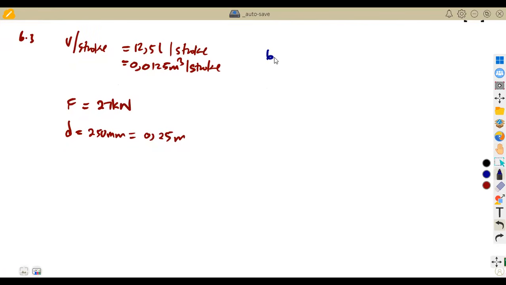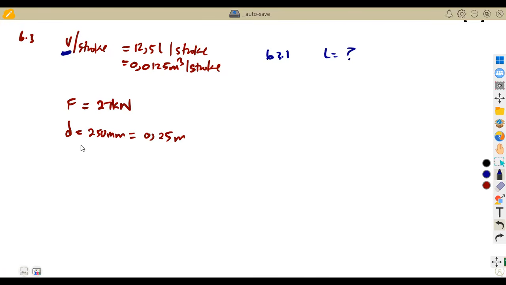If we consider what we have in this case, this part alone tells us a lot. We are given the volume per stroke, the volume for each stroke. So how can we calculate the stroke length? Remember the concept of volume.